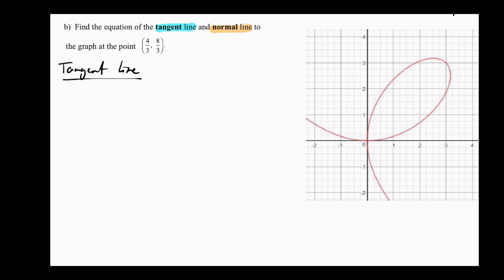Let's see, 4/3 is about 1 1/3, and 8/3 is just under 3. So right about there. That's the point they're talking about here.